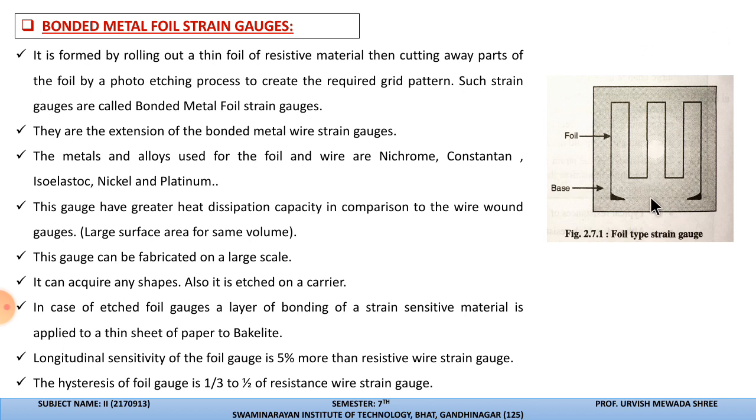And the hysteresis of this foil gauge is one third to one half of the resistance wire strain gauge. So minimum hysteresis will produce minimum error, and such kind of gauges can be widely used for industrial measurement purposes.